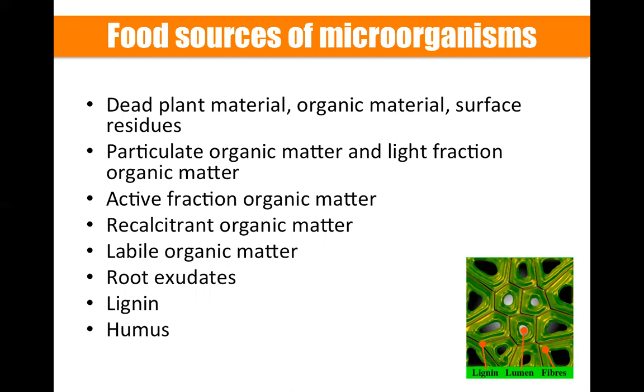All right. Number three, the active fraction of organic matter. Active fractions are the organic compounds that can be used as food by microbes. Then we have labile organic matter, which is easily decomposed. And then we have root exudates, all those nutrients that can be secreted by the roots, such as soluble sugars, amino acids, and other compounds.